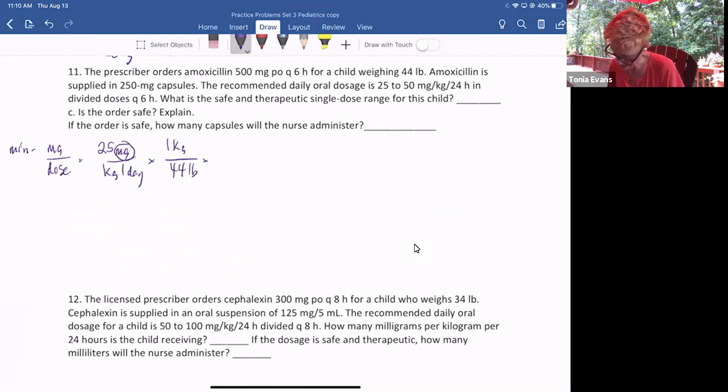Oh, let's see. Oops, I did it again. I want to skip a step, don't I? And 1 day is 4 doses. Because we're Q6 hours, that's 4 doses per day.